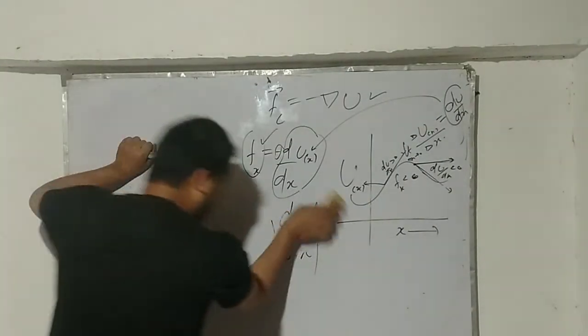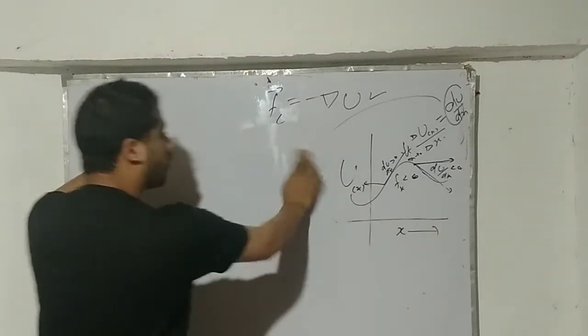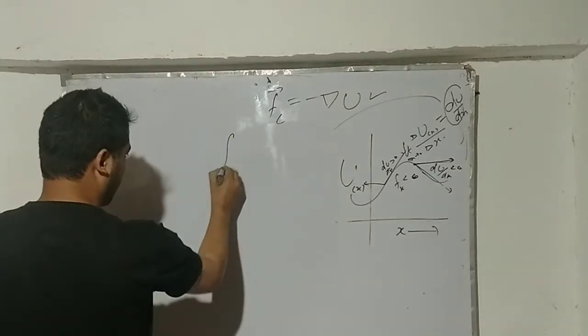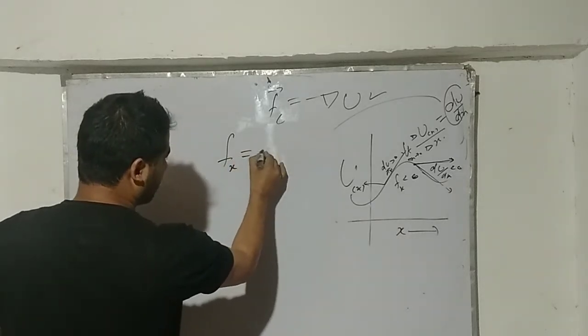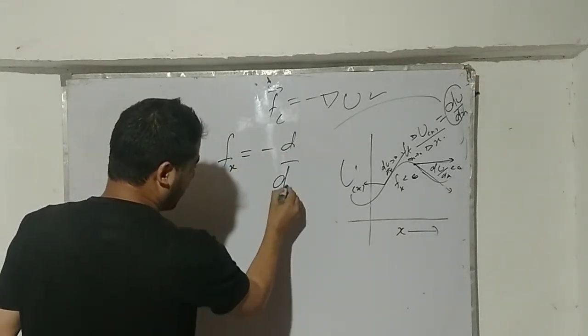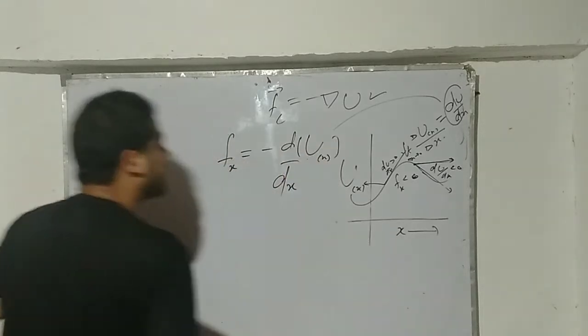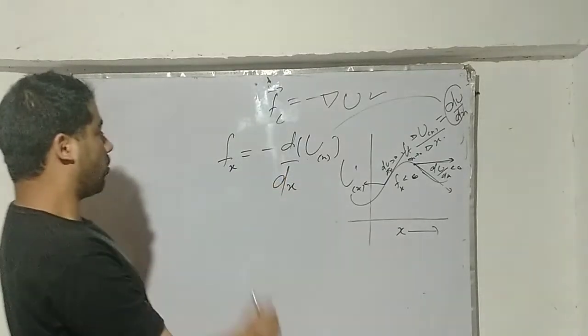On further analysis, what will be my next point of interest here? I will mention a more simplified form of the above equation. I will again treat a one-dimensional force. It will be minus d by dx of u of x. Again, I use the simple potential of type 1D.